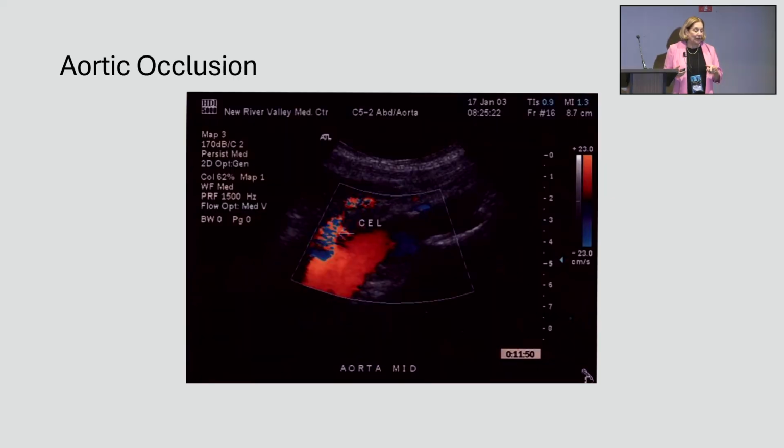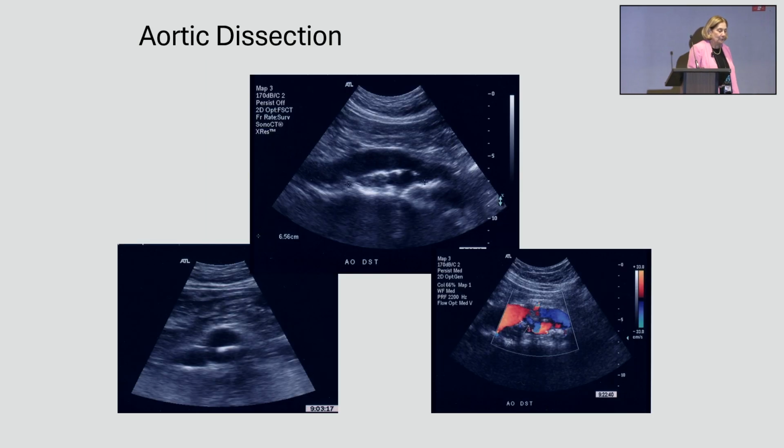Then I opened my eyes and saw that there's no flow in the aorta distally. You see the red flash? Beyond that it's black. There was nothing. It was an occluded aorta. So as I'm beating up the celiac stenosis, the flow went out the celiac because the aorta's occluded. Luckily I didn't spend too much time looking.